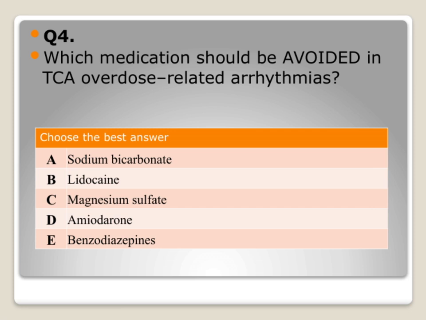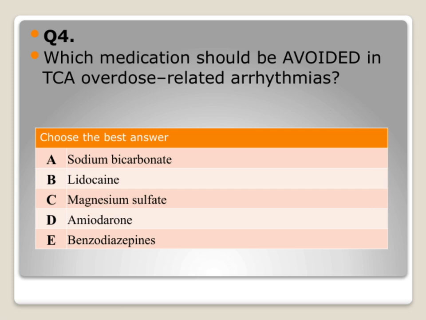Now, sodium bicarbonate is actually the classic treatment for TCA-induced cardiotoxicity because it helps stabilize the cardiac membrane and reverse the sodium channel blockade. Lidocaine and magnesium sulfate are also used in certain arrhythmias, although magnesium can be particularly helpful if there's a magnesium deficiency or torsades.